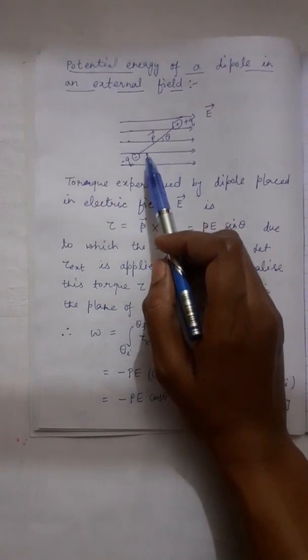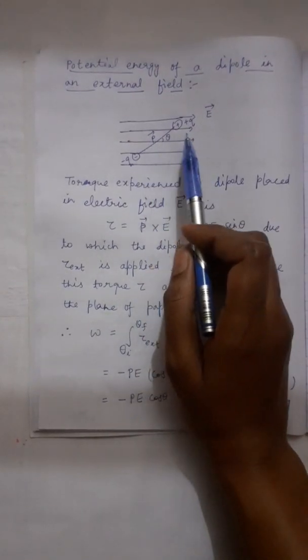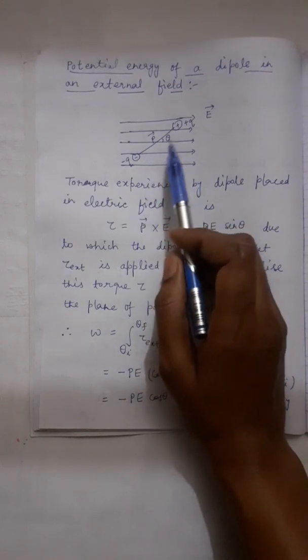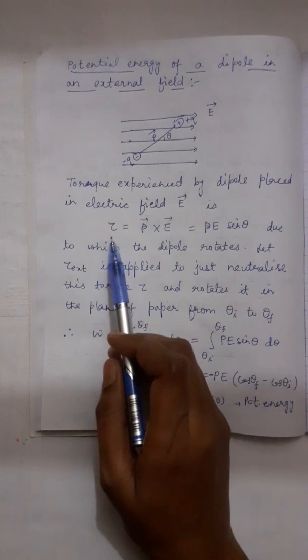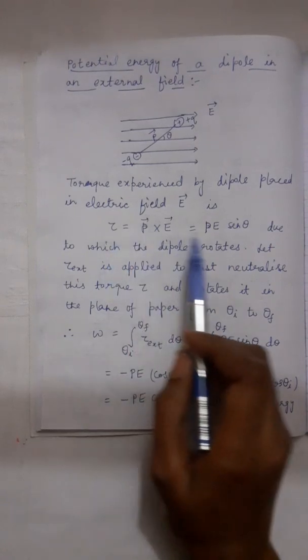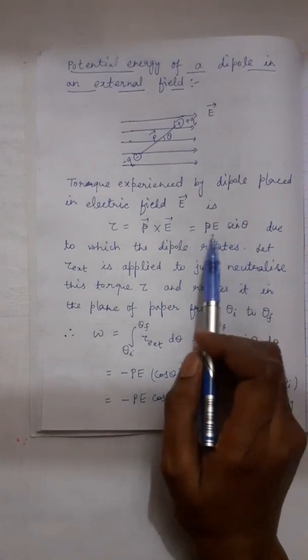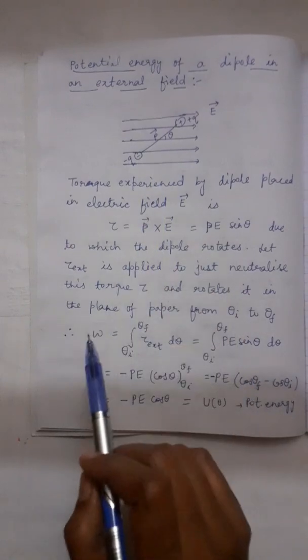So if we want to place this dipole in the electric field in the steady state, we should impose an external torque which should be equal to this torque to just neutralize this rotation.